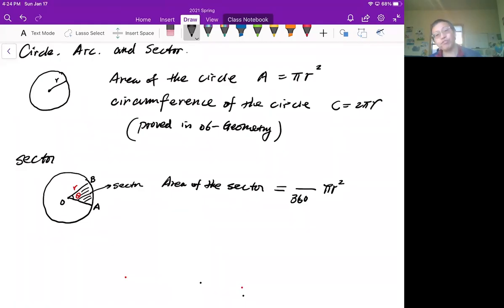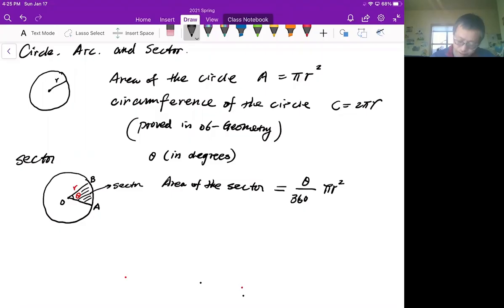So that's the area for only 1 degree. But now the central angle has the measure of theta, so I multiply by theta. That's my formula for the area of the sector. In this case, theta is in degrees, okay?